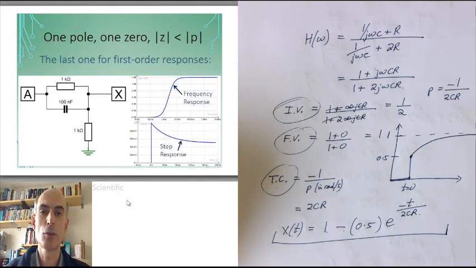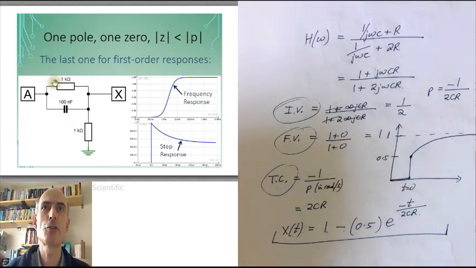A circuit which exhibits the other response, where the zero's break frequency is below the pole's break frequency, is this one, where there's a resistor in parallel with the capacitor in this part of the network.